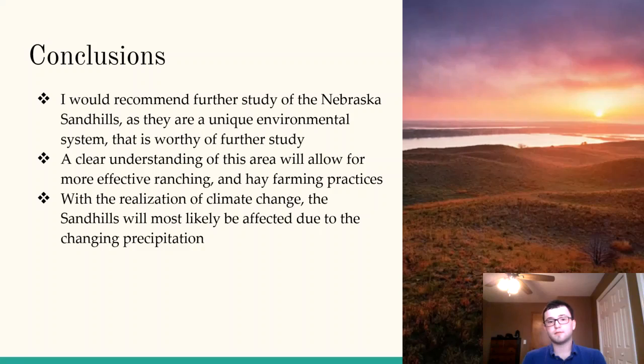A clear understanding of this area will allow for more effective ranching and hay farming practices. Really, the end goal of my study is that I wanted to help ranchers and farmers out here to really know their land and know what is happening with precipitation, how their land responds to precipitation, and I hope that this has really been helpful to them.